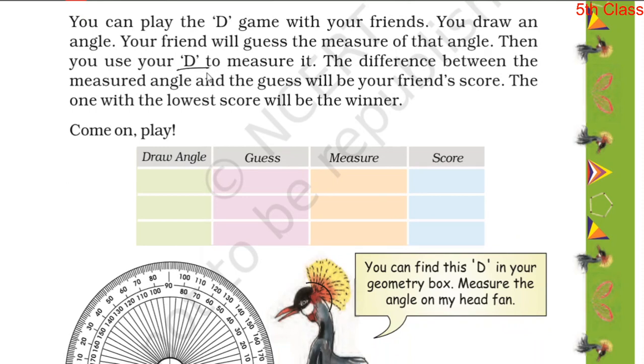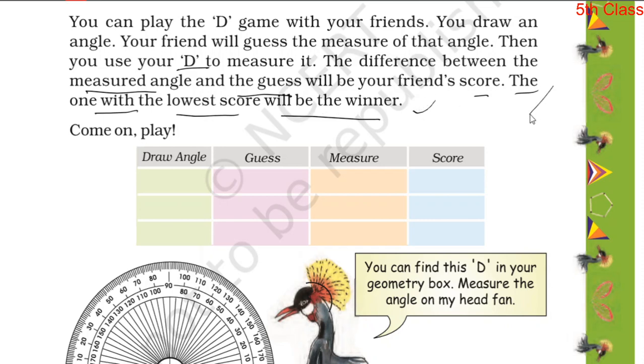The difference between the measured angle and the guess angle will be your friend's score. The one with the lowest score will be the winner.